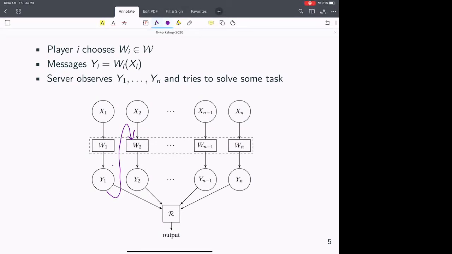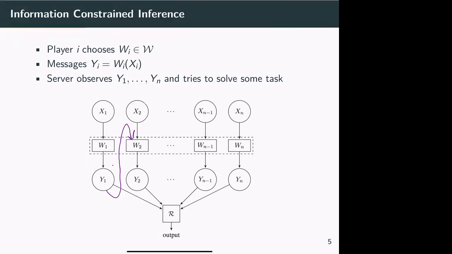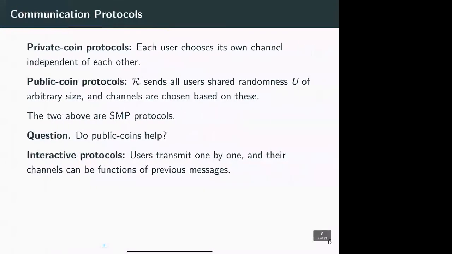Similarly, player 3 is going to use Y1 and Y2, and so on. So what this obviously gives the scheme more power, because the previous messages can be used to determine the next channel. However, it can introduce a lot of latency. So we may not want to prefer interactive protocols, although studying their power is extremely interesting. At least should be interesting to most of us, I guess.